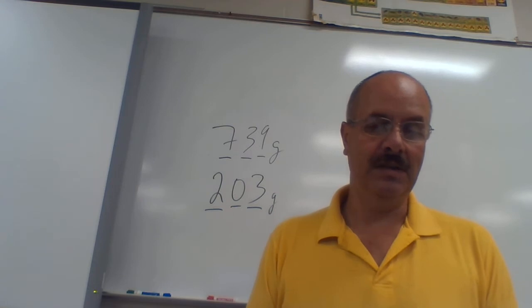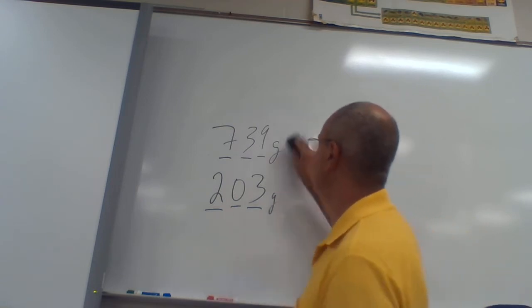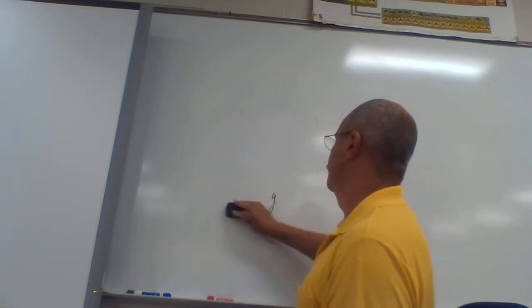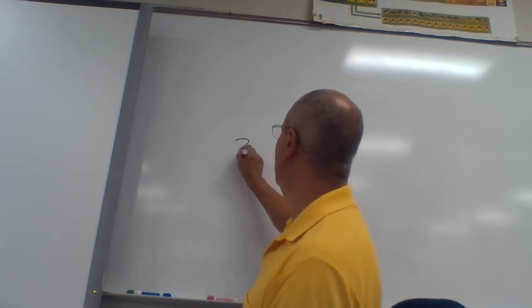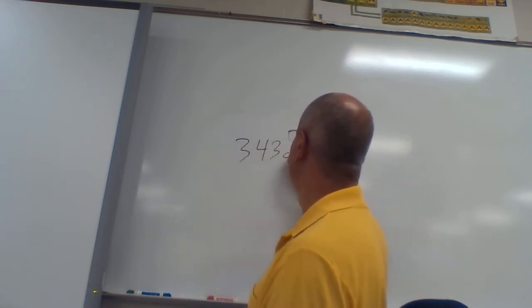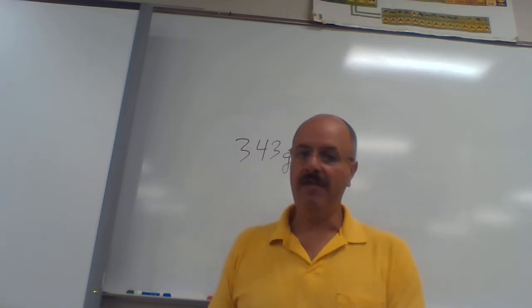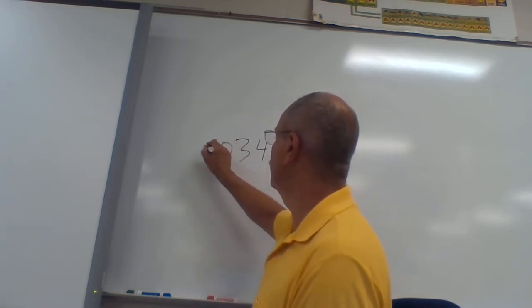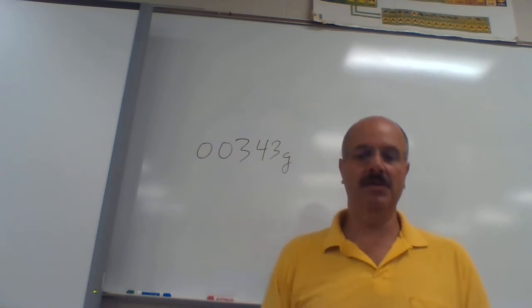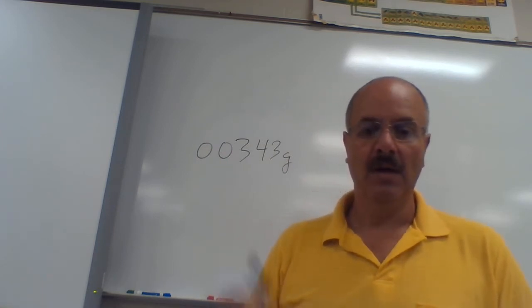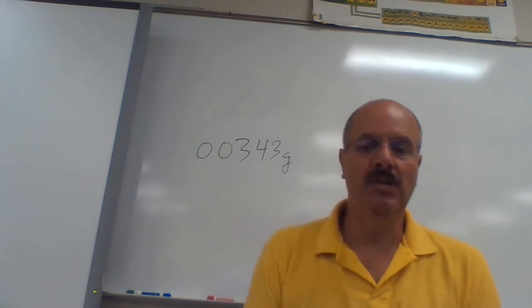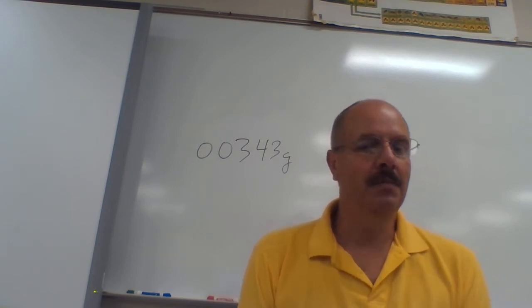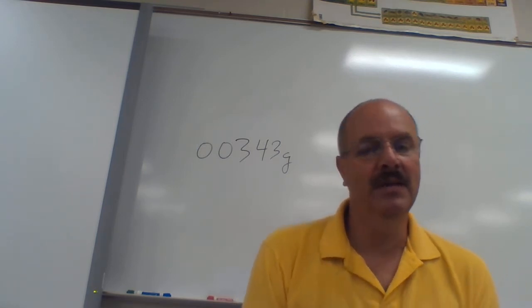Now let's go to rule letter C. Some of this is really straightforward. If we have 343 grams, and I put zeros out in front of this, so I made it 00343 grams, are those zeros significant? Do they need to be there? Well, if you were in Mr. Madziar's class, he'd probably say, no, you don't have to put those zeros.